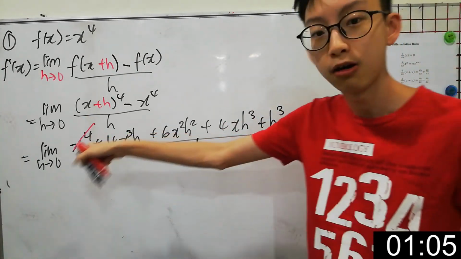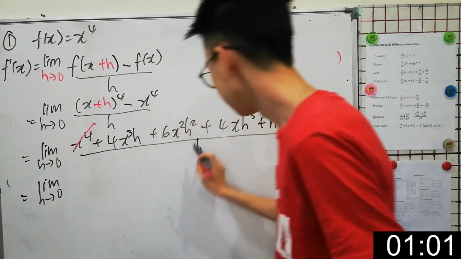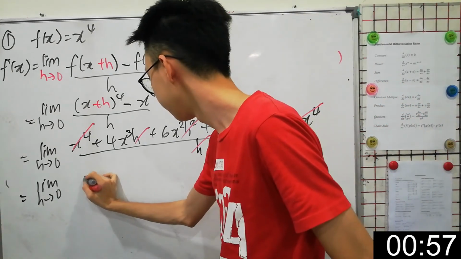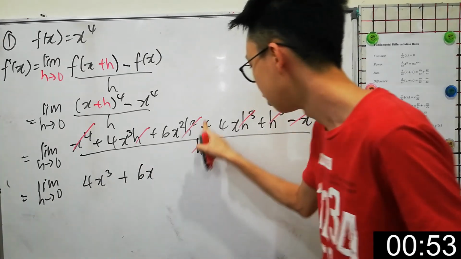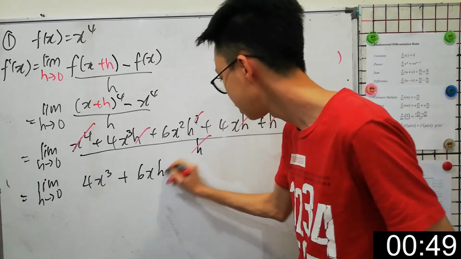Then we can factor out all the h. Then limit as h approaches 0, this h cancels. So it's 4x cubed plus 6x squared h. Sorry, this is h squared, so we only cancel out one h.